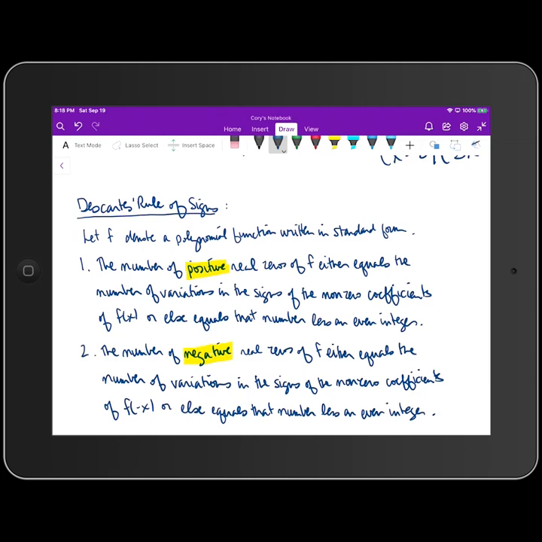It sounds super complicated. If you can count to like 5, it's really easy to do. And the second part says the number of negative real zeros of f either equals the number of variations in the signs of the non-zero coefficients of f of negative x, or else equals that number less an even integer.